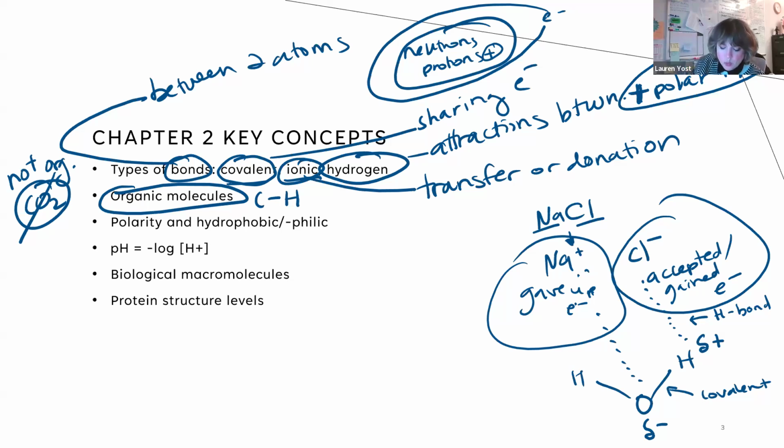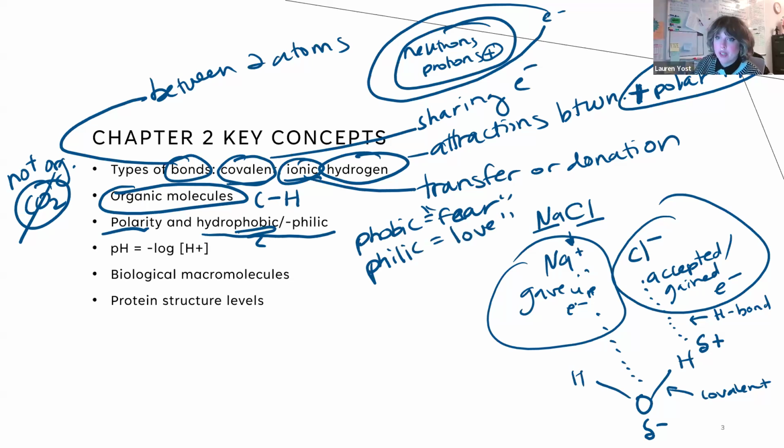All right. So we did introduce this concept of polarity, and polarity basically dictates whether you are hydrophobic or hydrophilic. If you are hydrophobic, remember phobic equals like fear, basically. You have a phobia of something, you're afraid of something, right? And philic means love.